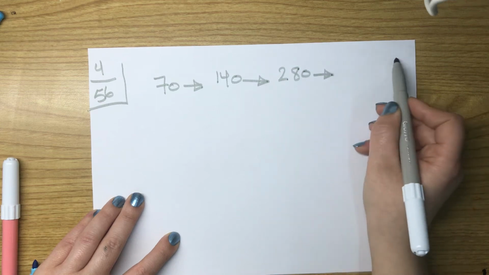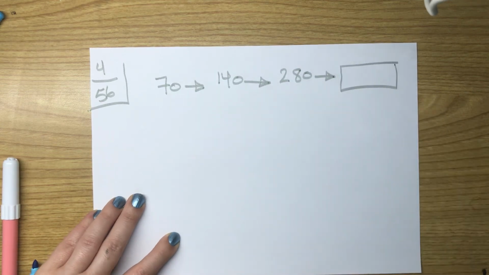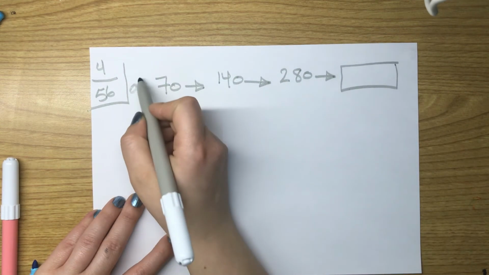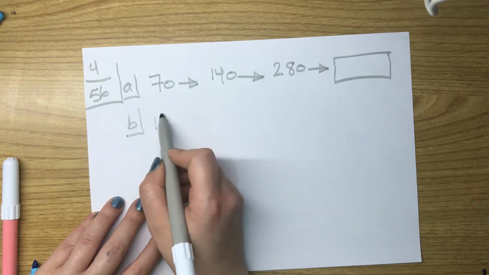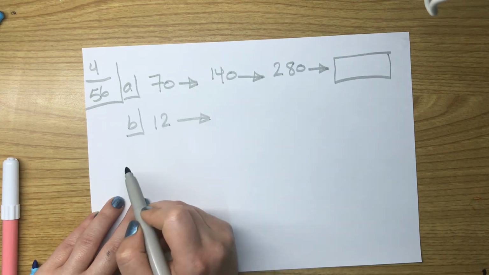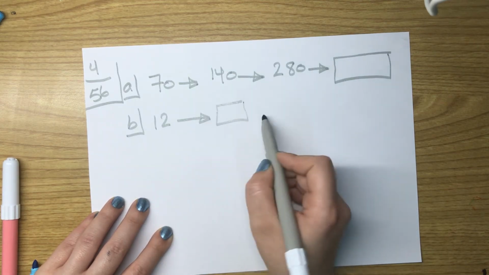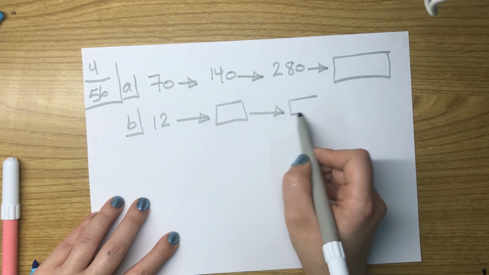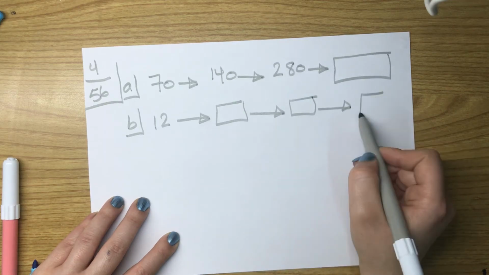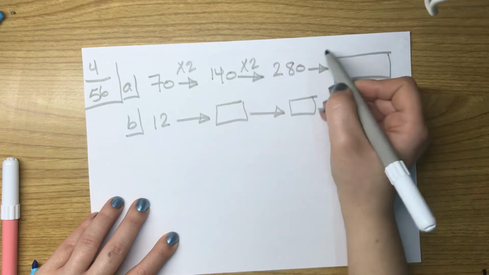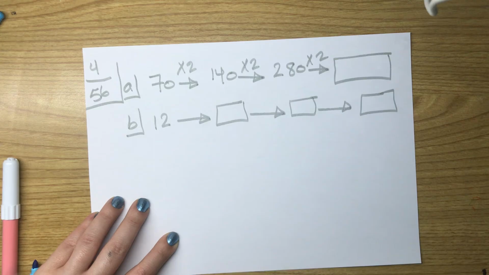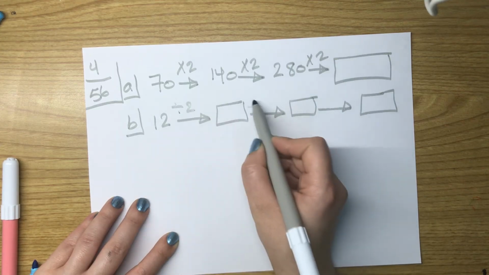What is the double of 280? This is question number A. Question number B, we have 12. Half of it, then half of it. Remember, we're multiplying by 2 each time here. Here, having means dividing by 2.